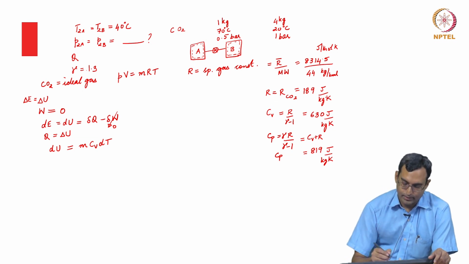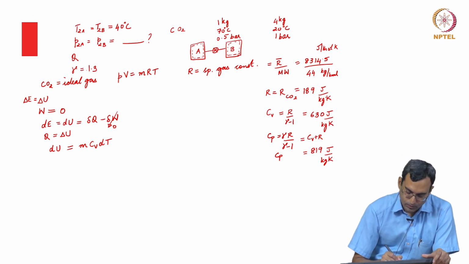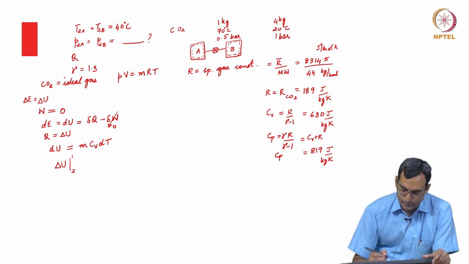So, what I want is the change in internal energy, the final state minus the initial state. So, what I am looking for is delta U between the initial state and the final state.